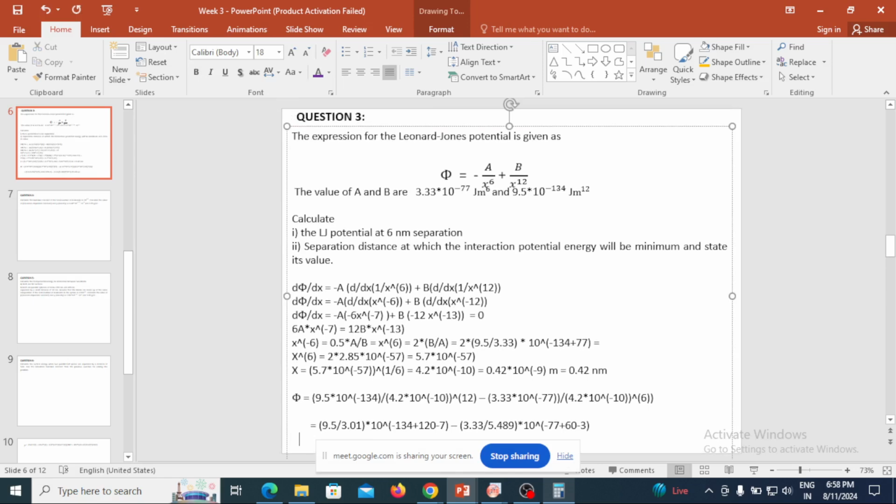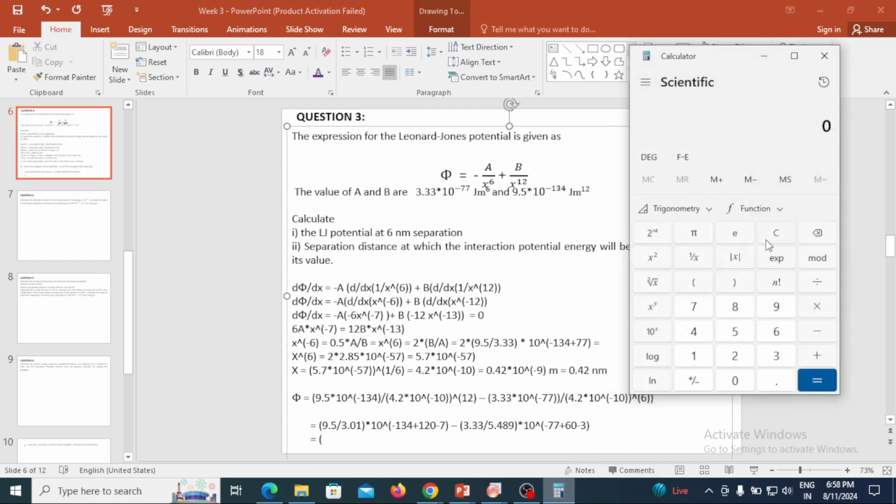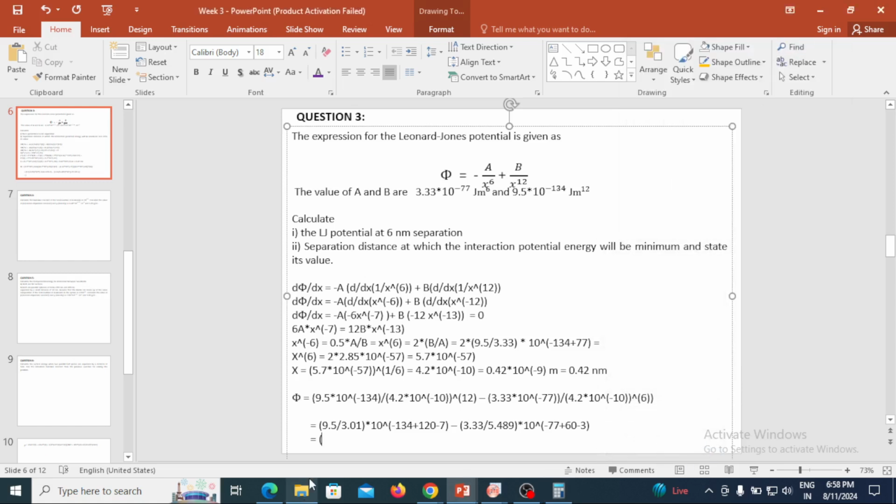So the value of 5 will be, so from here you have 9.5 by 3.01, that will be 3.15, times 10 to the power minus 130, sorry, not 130.